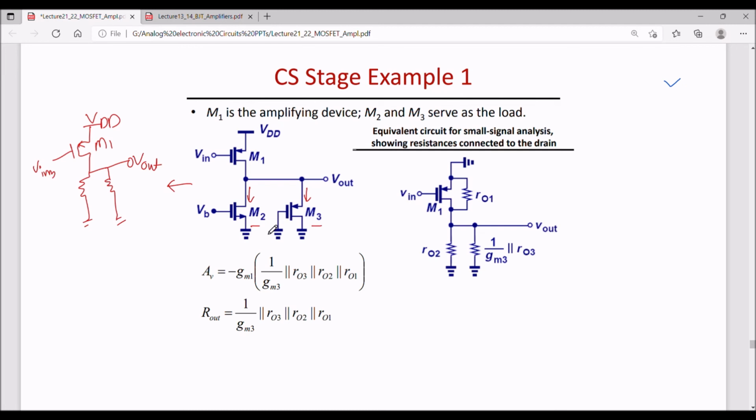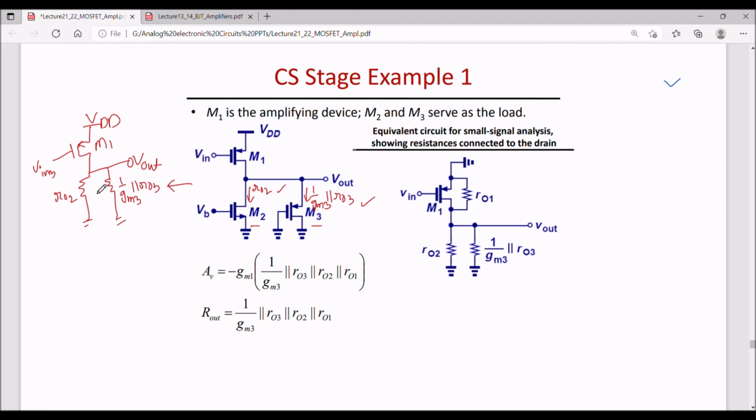At the drain of M2 the impedance offered is RO2, and at the source of M3 the impedance is 1 by GM3 parallel to RO3. So we have understood how to calculate this. That means this resistance is RO2 and this is 1 by GM3 parallel to RO3.